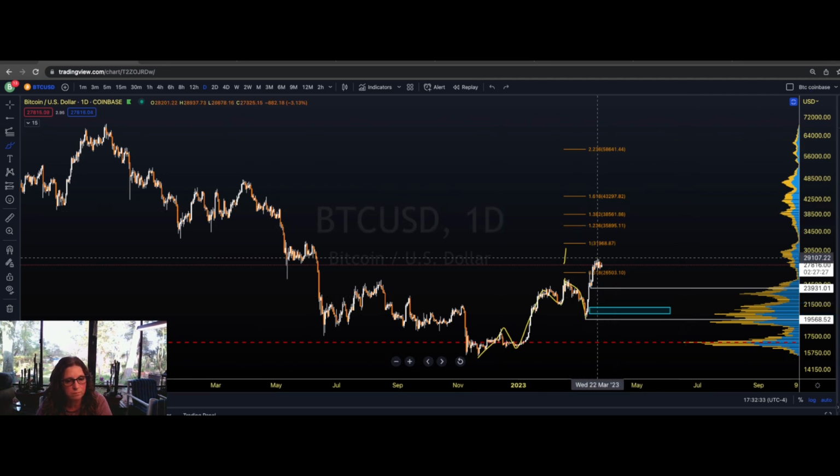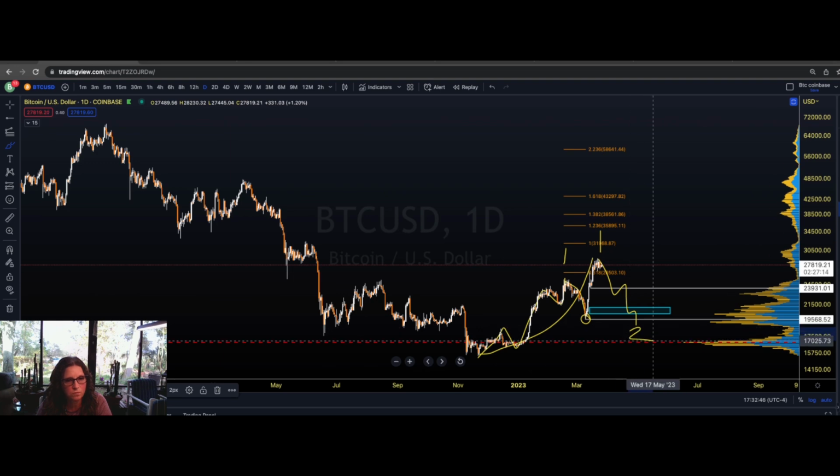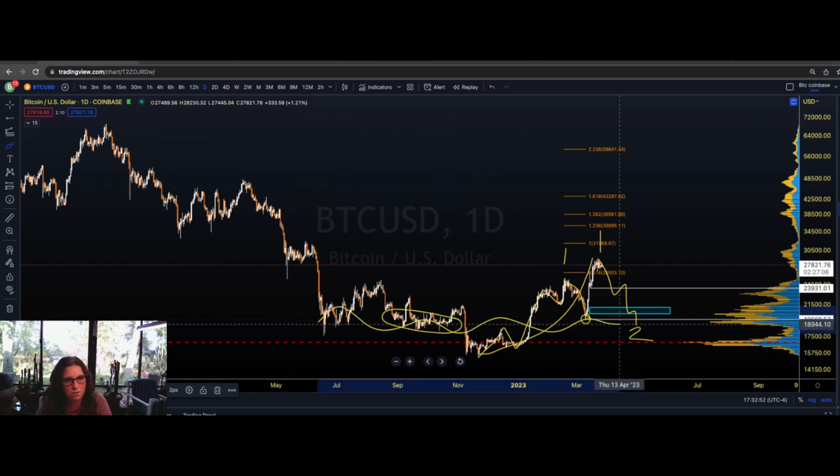If Bitcoin pulls back and comes underneath this white line, we're going to shift gears and call this entire wave a wave 1, and that it's pulling back for a wave 2. We do not want to come underneath this support that we have built all through this area.